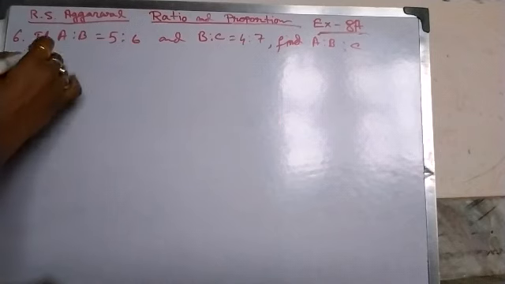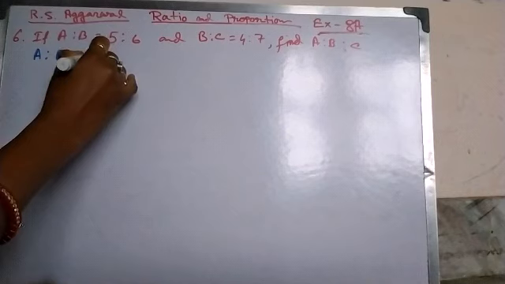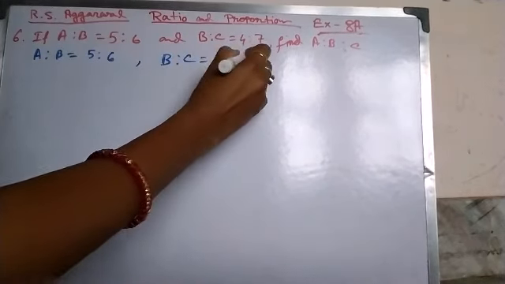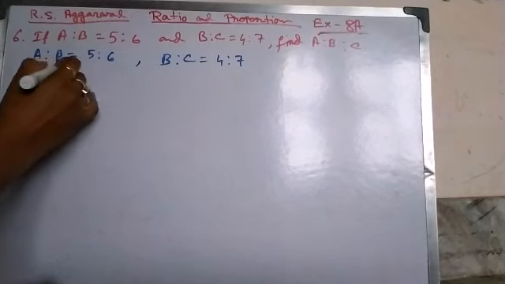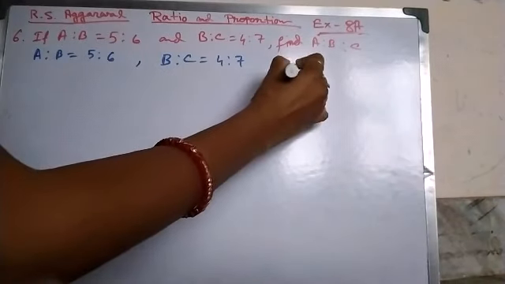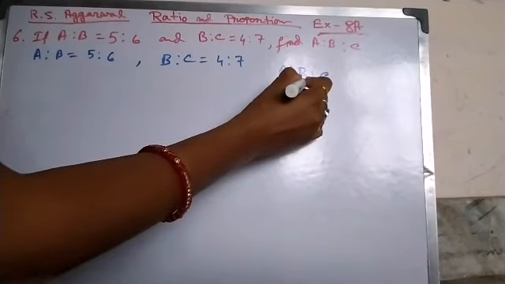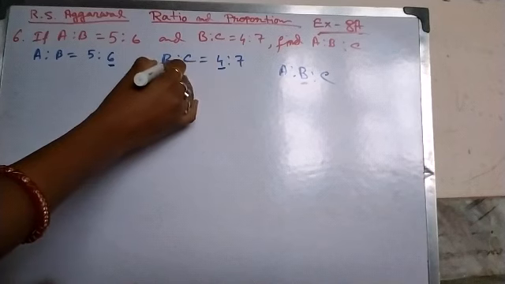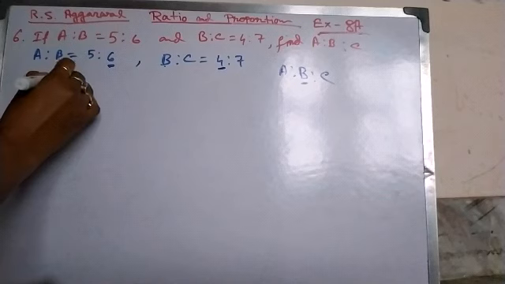Now question number 6. Here is given A is to B equal to 5:6 and B is to C equal to 4:7. Then here we have to make A is to B is to C. A is to B is to C we have to find out. That means this B term will be same. Here B is 6, here B is 4. So we have to take the LCM of it.